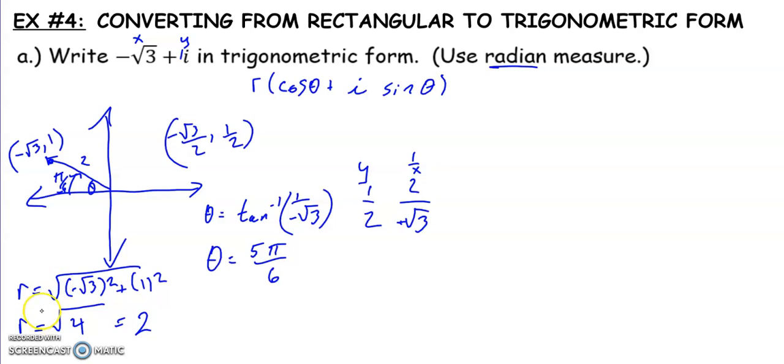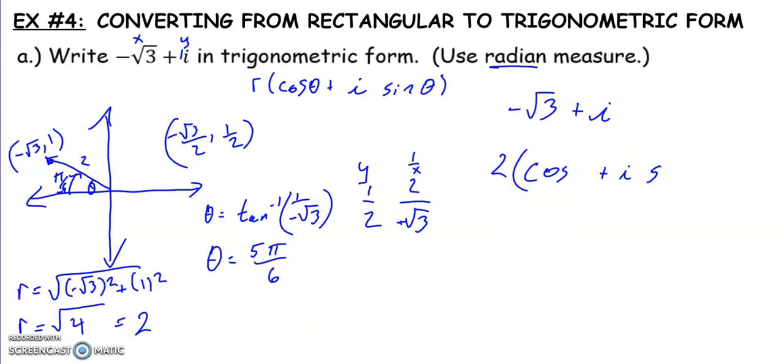So I've got r, which is what I needed. I've got theta, 5 pi over 6. So the rectangular form, negative radical 3 plus i, can be rewritten as r, which is 2, times cosine theta plus i. Oops, darn it, it's not theta.